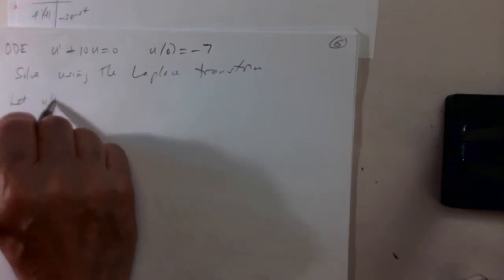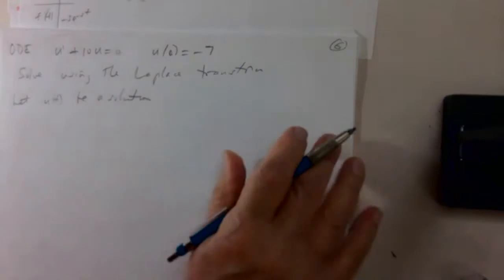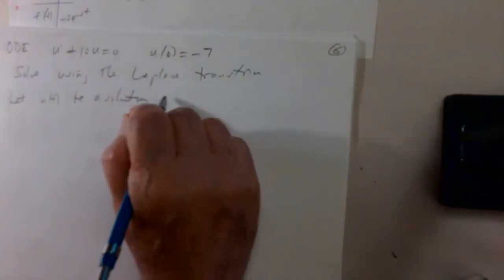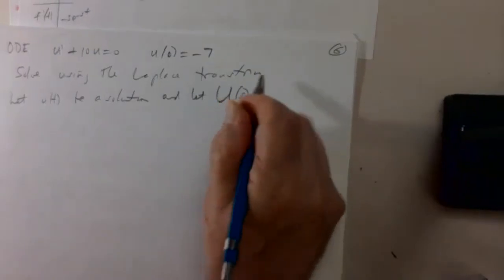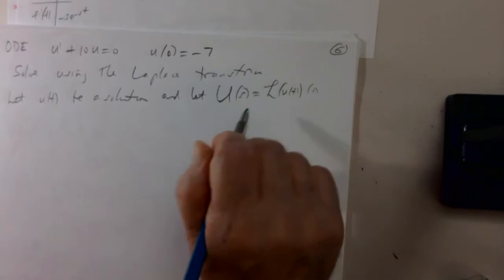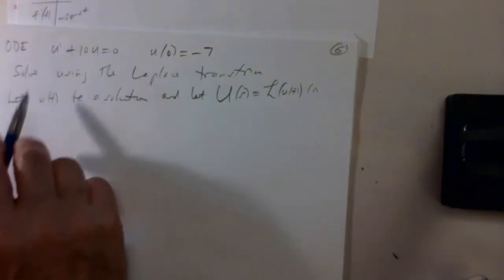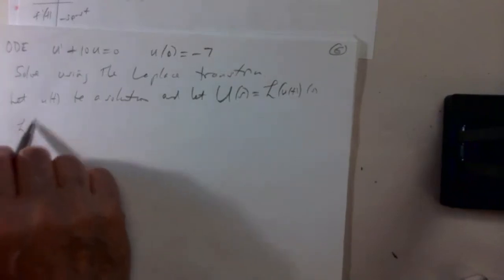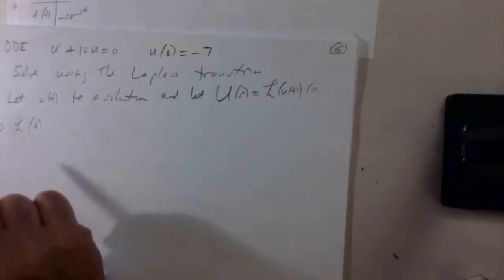So let u of t be a solution, if there is one, of course, and let capital U of s be the Laplace transform of u. So we have from this equation the Laplace transform of 0. The Laplace transform of 0 is just 0, right?